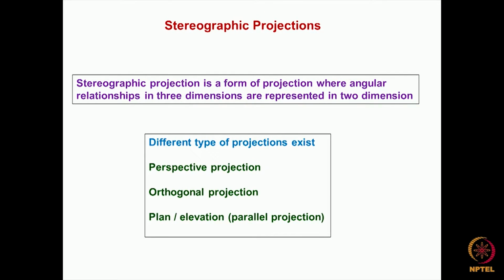When we have to represent in 3 dimensions, and when we talk of symmetry, angular relationships have to be specified, or the angular relations have to be shown in 2 dimensions. In 3 dimensions we can view it, but when we have to put a projection, it is always in 2 dimensions we deal with. How do we go about it?